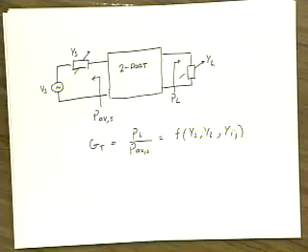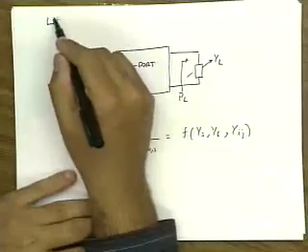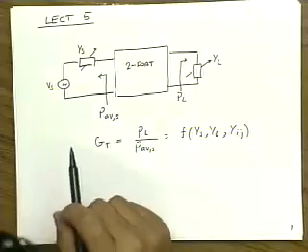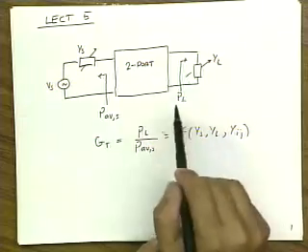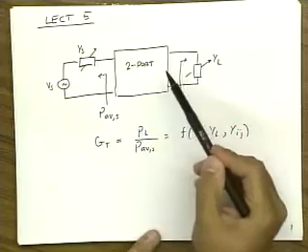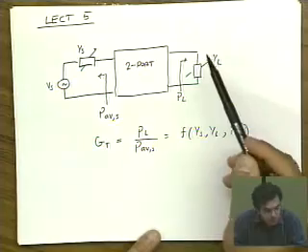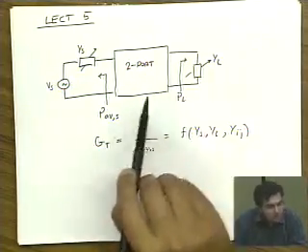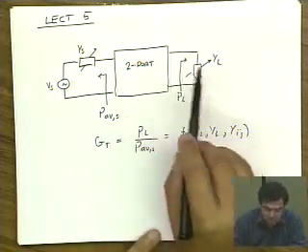So it should be pretty clear that in order to maximize the power to the load, we should try to make the power going to the load equal to the power available from the network. From the load's perspective, if we could design the load so that it represented a complex conjugate admittance to the 2-port, then we know we'd be extracting the most power possible from the 2-port. So that's the problem we need to solve from the load side.